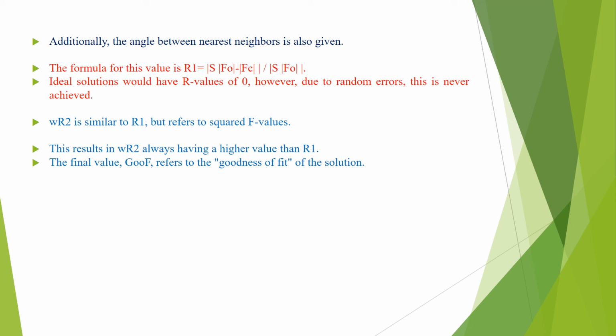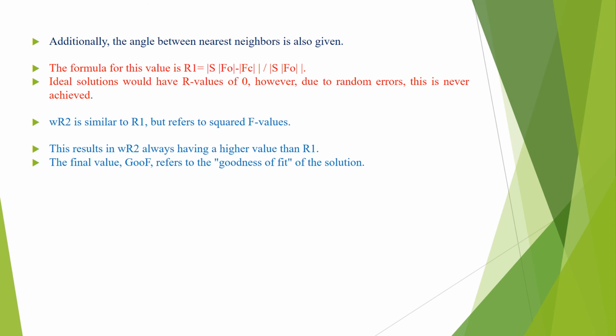High quality samples often result in R values lower than 2.5%. wR2 is similar to R1 but refers to squared F values. This results in wR2 always having a bigger value than R1.